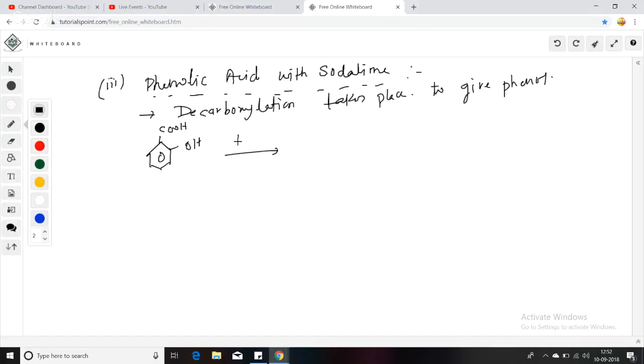When you heat this with NaOH and CaO, it forms the sodium salt, the phenoxide ion, which when you put into H plus, H2O forms phenol, plus NaOH.